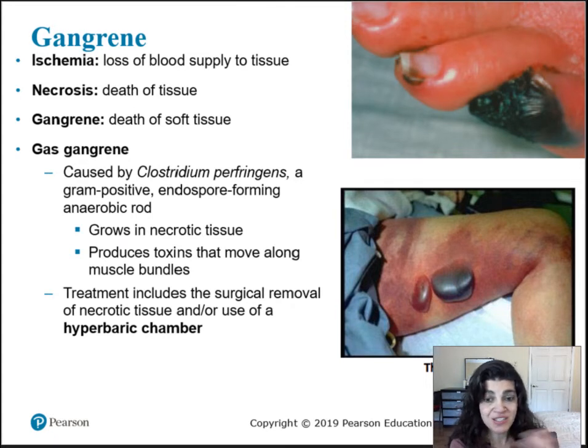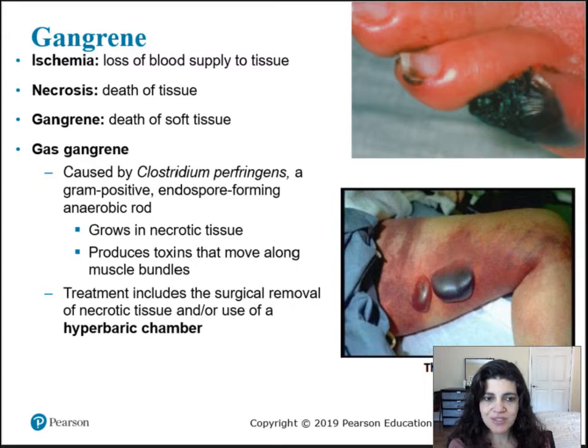All these are situations where you can get Clostridium perfringens. Okay, this bacterium can also be present in food, but that's a different type of disease, and we're going to talk about that in the digestive system diseases.